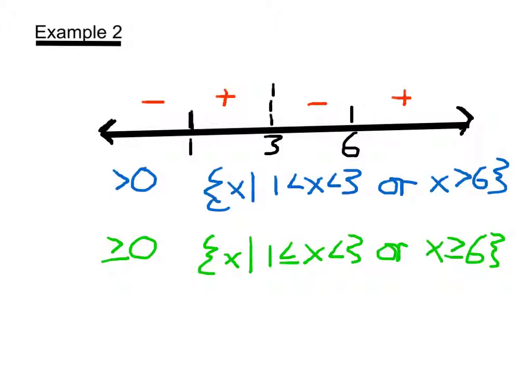Likewise here. Remember that the dashed line means that the function is undefined at that value of x. So since the function is undefined here, x cannot equal 3. The function is undefined at 3. So I leave that as just a less than sign. We could also write this in square bracket notation, and I challenge you to do that now.